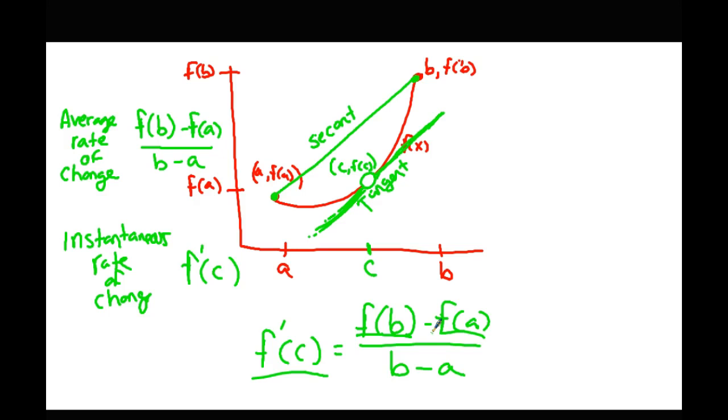Now, the mean value theorem is an existence theorem. It's like the IVT. The IVT, if you guys don't remember, that's the one that says if you have a point up here and a point down here, then there's got to be a point somewhere in the middle, right? Then there's the EVT, which we learned last time, which says that if it's continuous, you've got a max and a min. But none of these theorems tell you what they are, right?